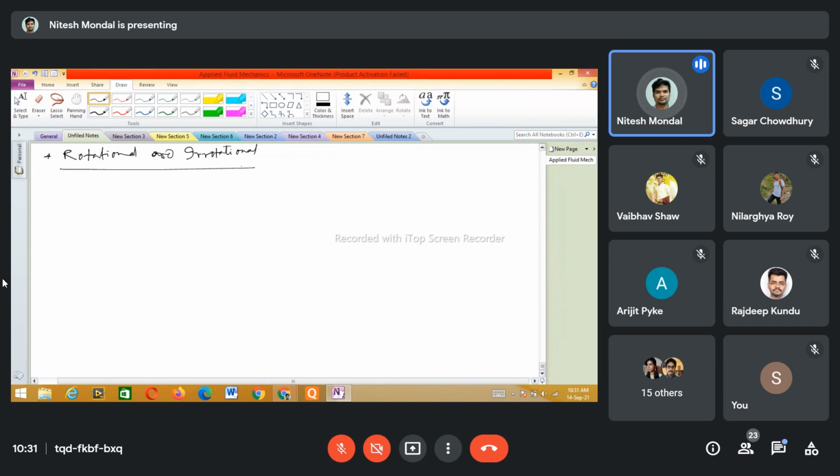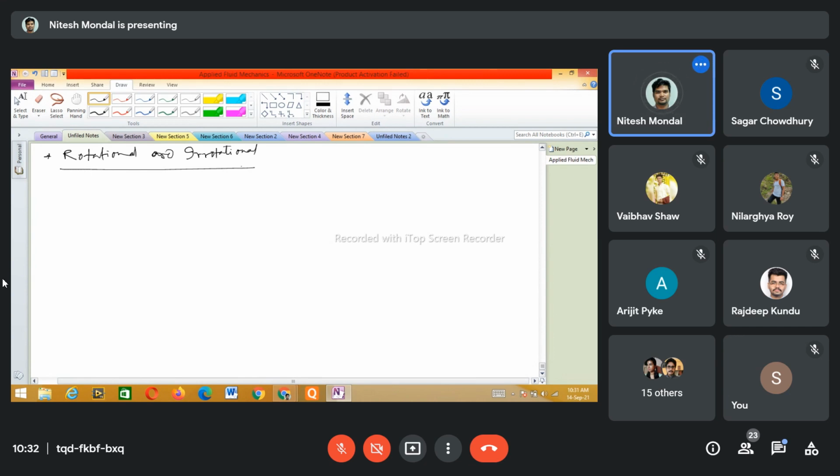The rotational flow is the flow in which the fluid particles rotate about their mass center while traveling with the flow. So it rotates with their mass centers. This is called rotational flow. And in irrotational flow, there is no rotation. A flow is known as irrotational if the fluid particles do not rotate about their mass center while traveling with the motion of the flow.